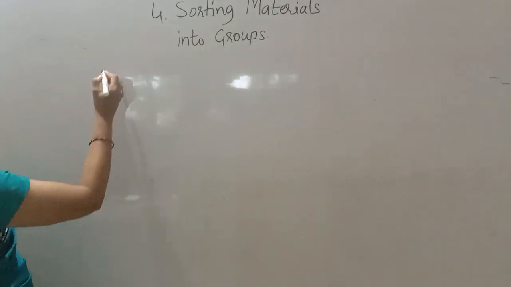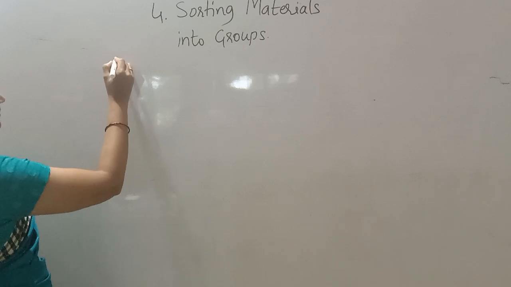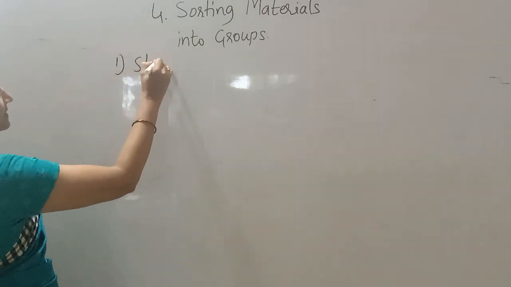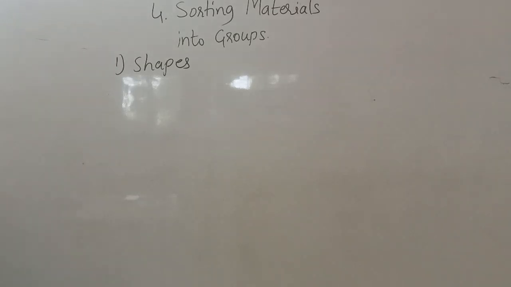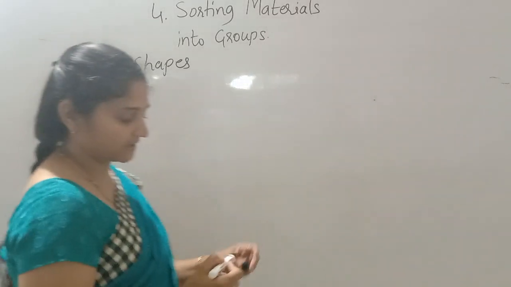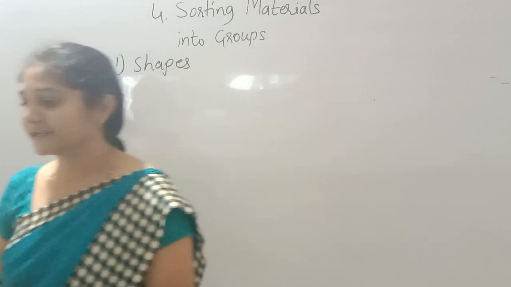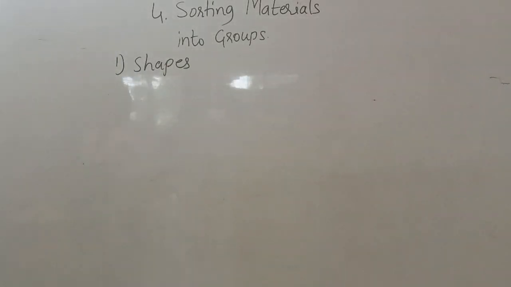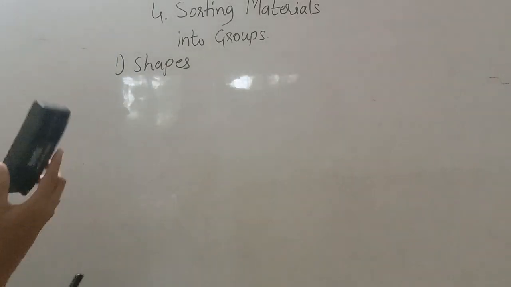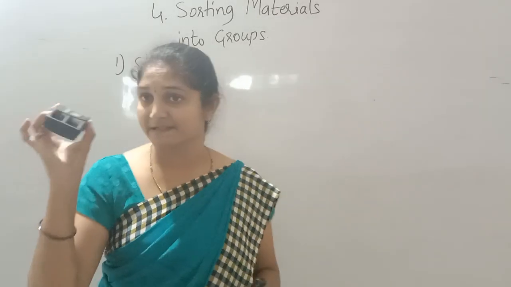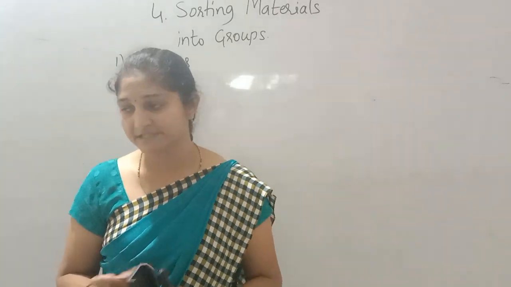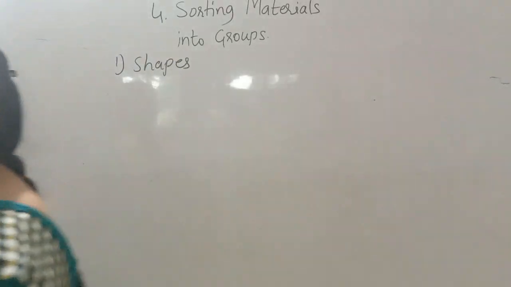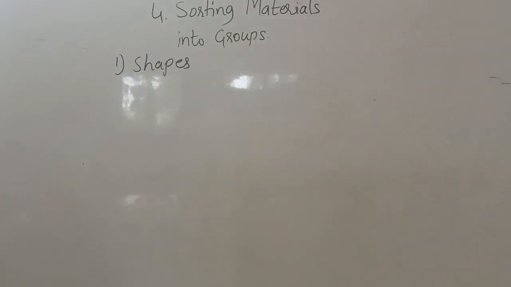So here, what are all the considerations? Either we can consider the shapes. If we consider the shape of any object, let us consider that I have taken a pen and the duster. The shape of the duster is different, and the shape of the pen is different. If we take any ball, that ball's shape is also different.